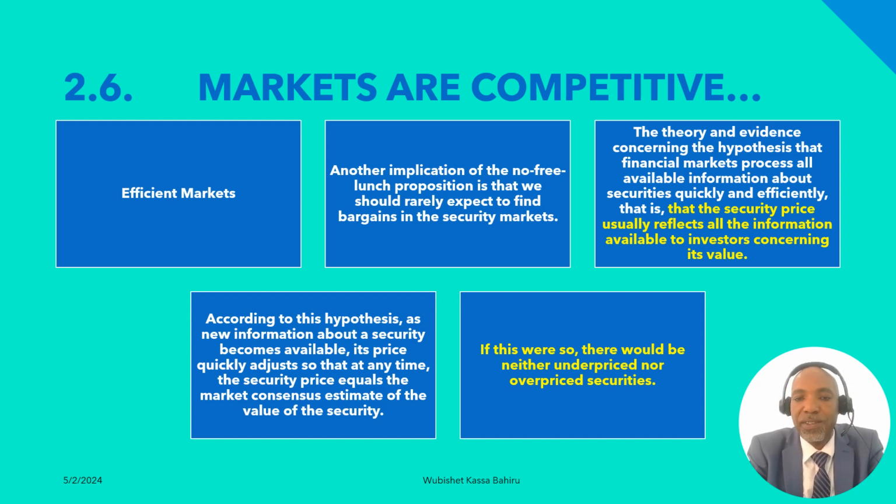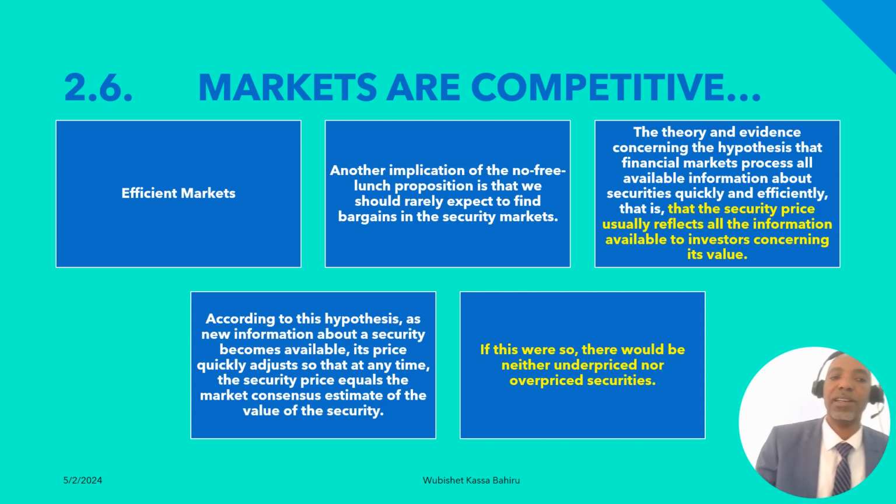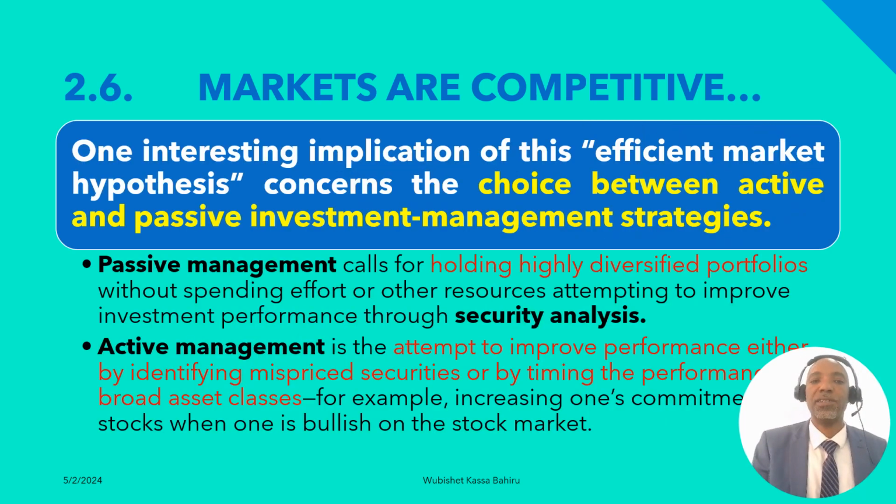If this were so, there would be neither underpriced nor overpriced securities. If the efficient market hypothesis is really functioning, there is no need for security analysis. But in the real world, the efficient market hypothesis is not perfect.